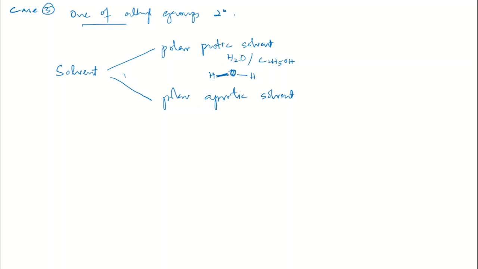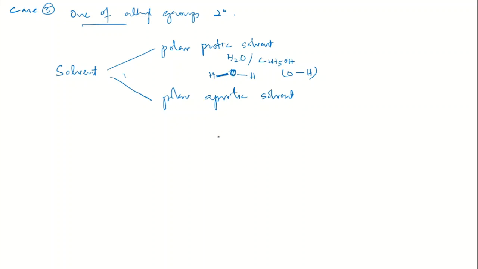So there is a direct connection between hydrogen and the electronegative atom. Such solvents are known as polar protic solvents. In alcohols also we have this OH, where at least one hydrogen is directly attached to the oxygen.